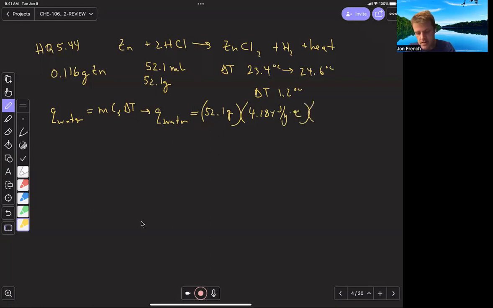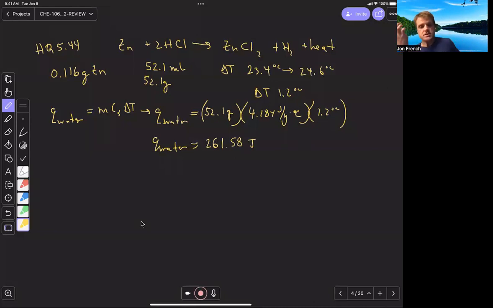And my delta T is 1.2 degrees Celsius. Multiply all that together, and I get the heat that the water absorbed. So 52.1 times 4.184 times 1.2, right? So the water absorbed 261.58 joules of energy, right?